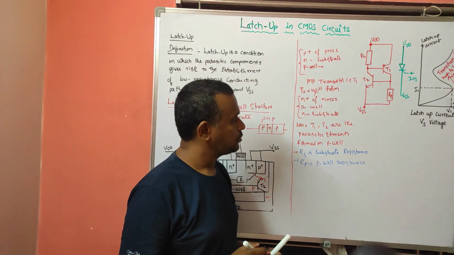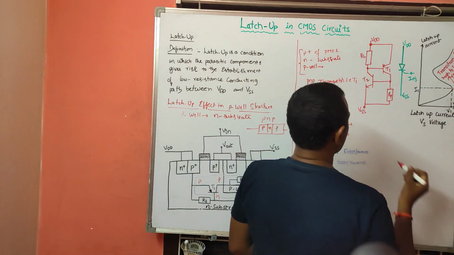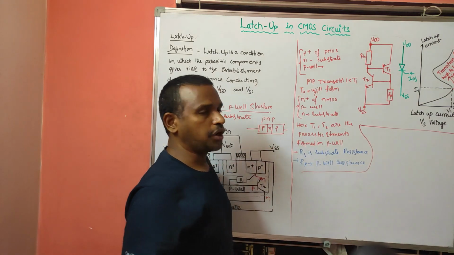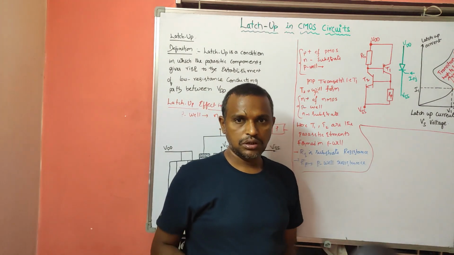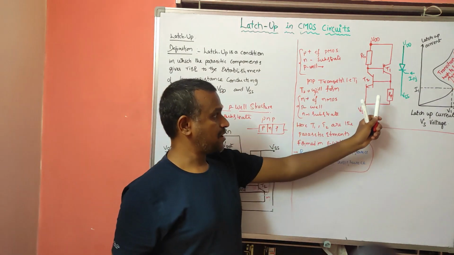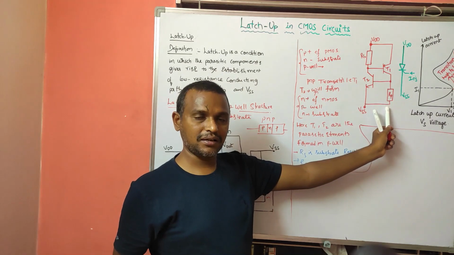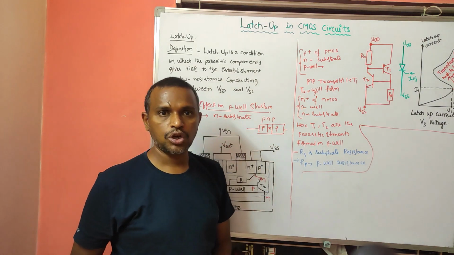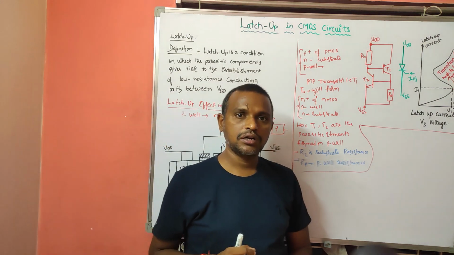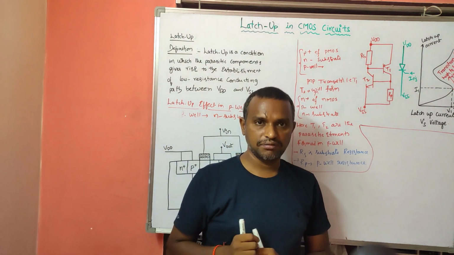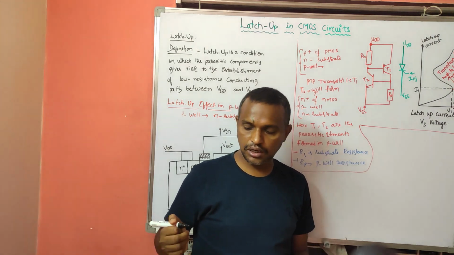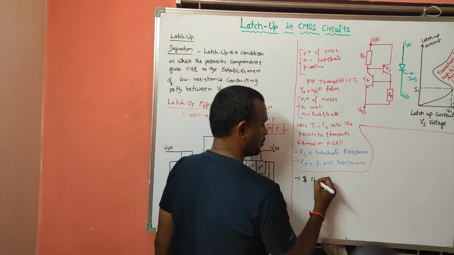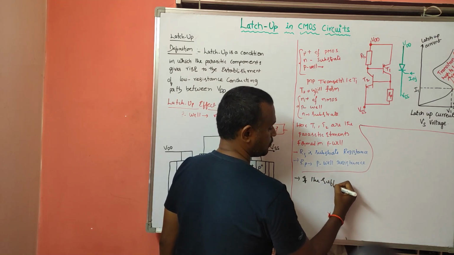Here I will consider this diagram formed with the parasitic elements, the substrate resistance and the P well resistance. The first condition is sufficient current in the substrate terminal.